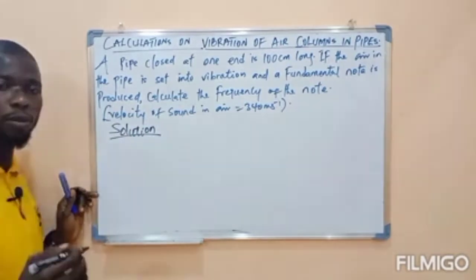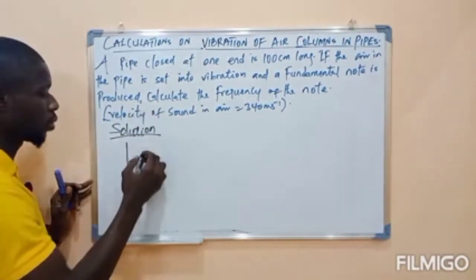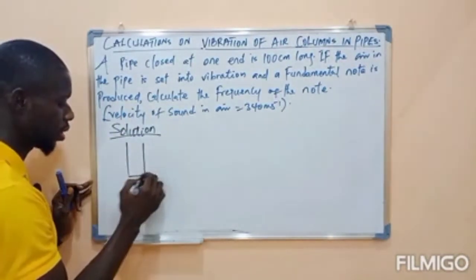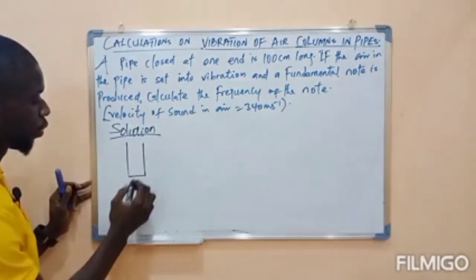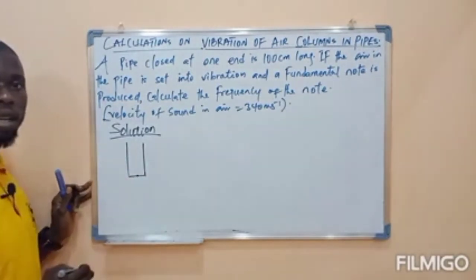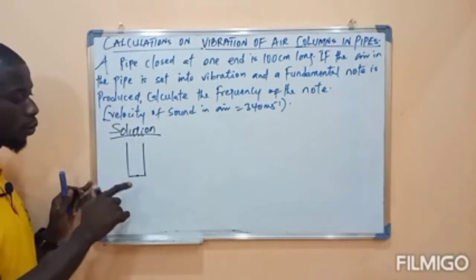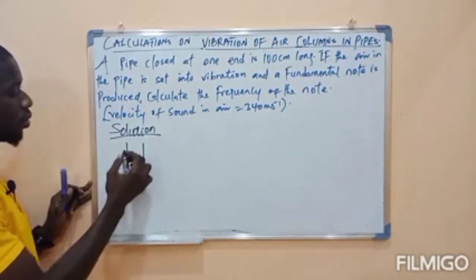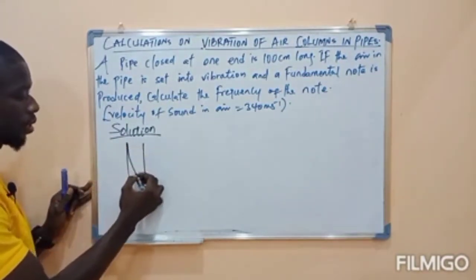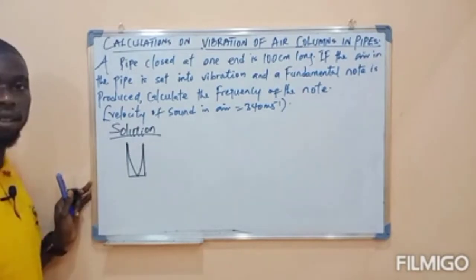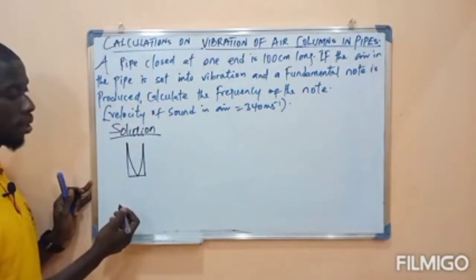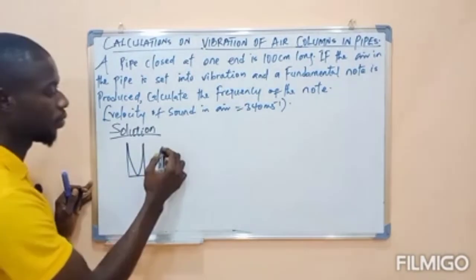Solution. If you have forgotten your formula, quickly do this, since it is a closed pipe. Remember that the node for the fundamental frequency is always at this point. So I have my incident, I have my reflected. This is a quarter of a full wavelength.